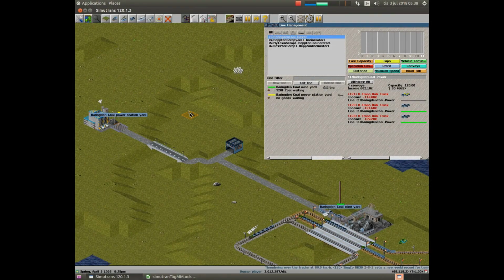So, there we have the new line. Oh, sorry, not the new line, but one updated with new, more profitable vehicles.